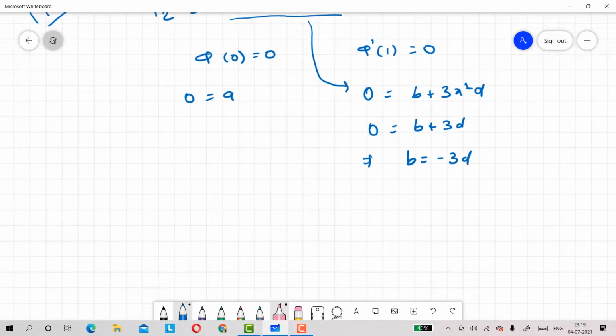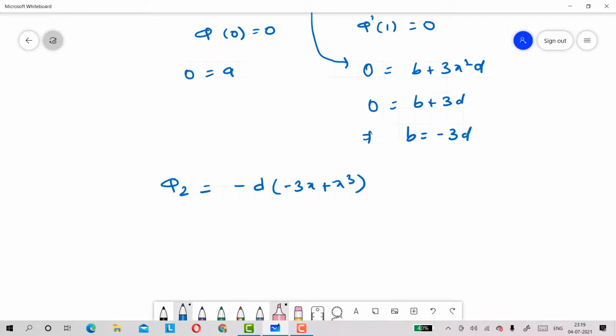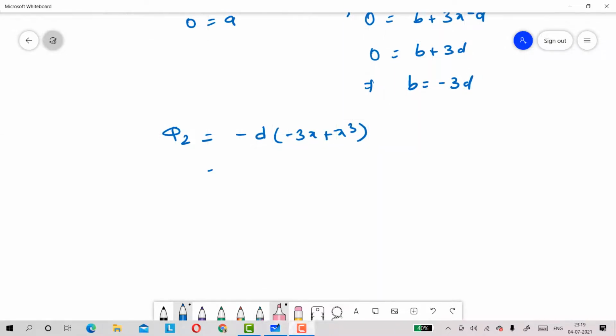So our phi 2 will look like this: minus d(3x minus x cube). This is basic, that's why I'm doing it a little fast. We are just doing basic arithmetic, that's it. Just removing it, this will look like this.